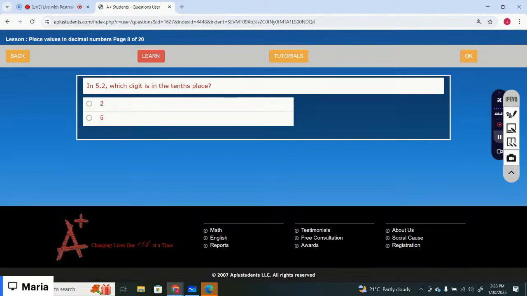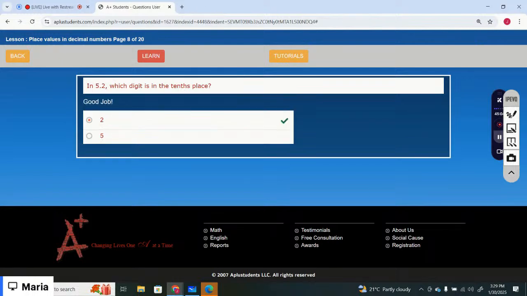In 5.2, which digit is at the tenth place? That is 2. Option number 1 is the correct option. 2 is at the tenth place.